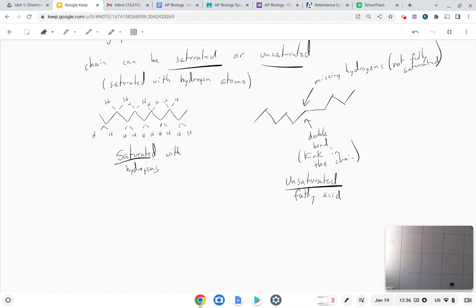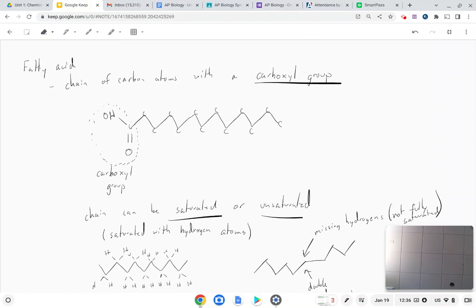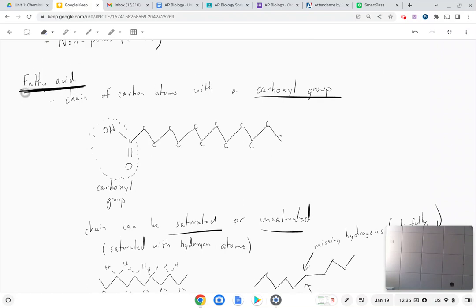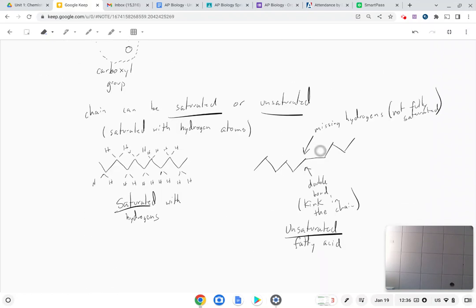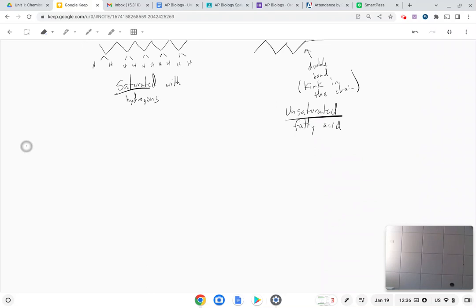So let's look at what this would look like if it was an actual fat. Right now, these are just called fatty acids, and it's just one chain, right? But what would an actual fat look like? This would be called a triglyceride.